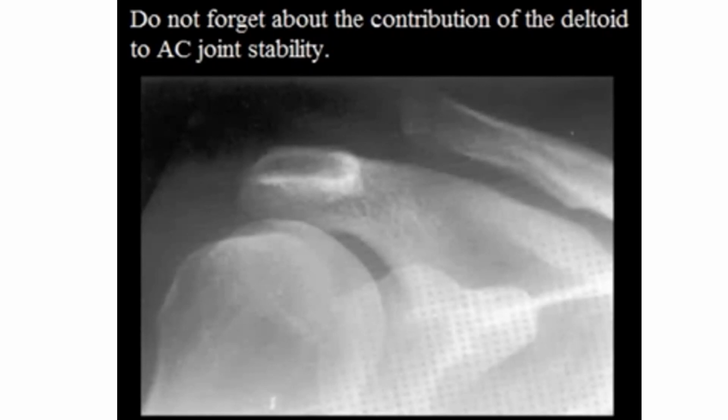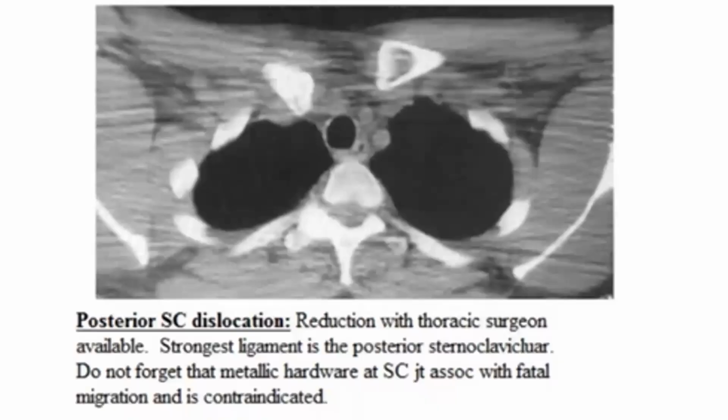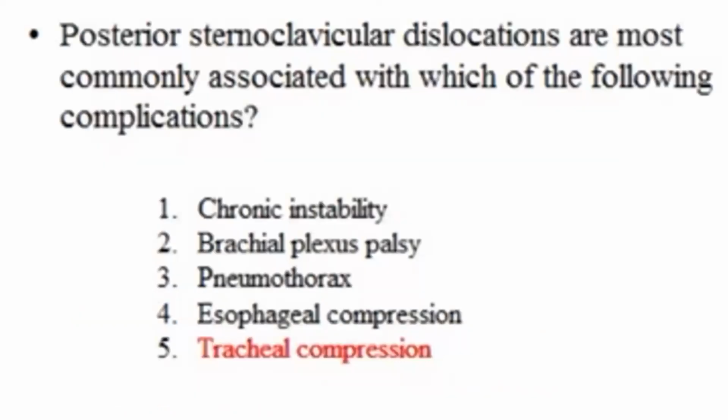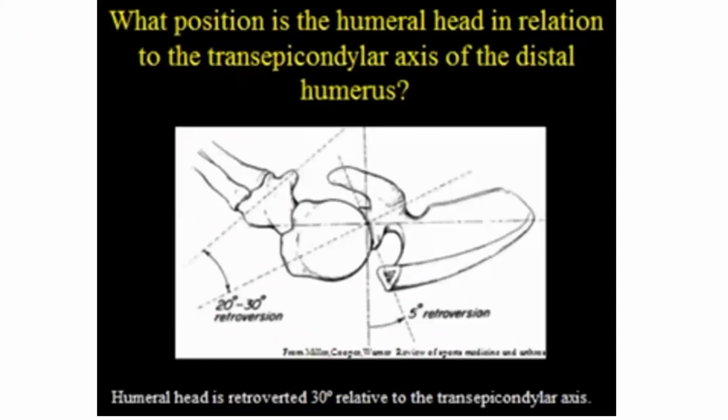Over here, don't forget about the sternoclavicular dislocation. Don't forget that you can have tracheal obstruction. Don't forget that you can have vascular injuries in posterior sternoclavicular dislocations. Don't forget that you always need a vascular surgeon when you're removing this, because you can get massive bleeding from it. So don't forget this.